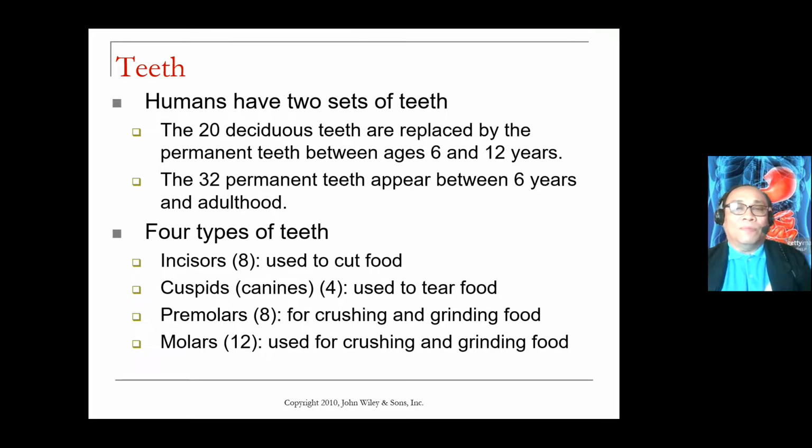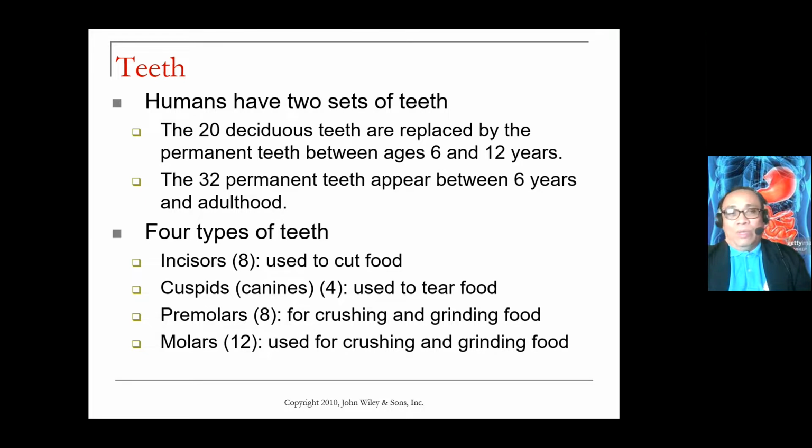And it happens from 6 to 12 years. And these 6 to 12 years are actually called the ugly duckling stage. Kasi ito yung stage na ang temporary pati permanent teeth are both present. That's why the disparity between the two creates an ugly impression when a young person smiles.